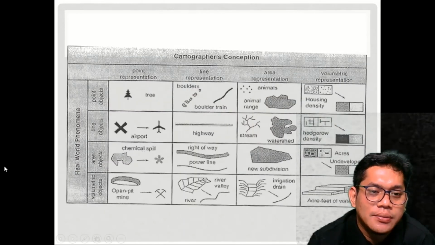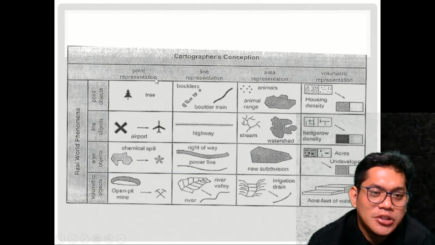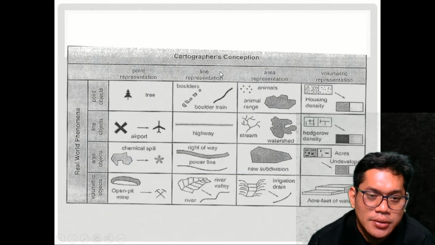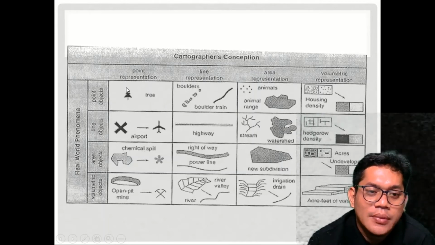So these are how the representations of the data on the real world and inside the GIS as point, line, and areas. Please understand this, as I will ask you in the exercise later.